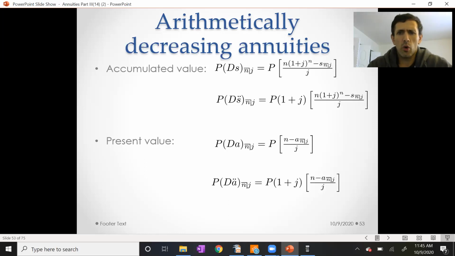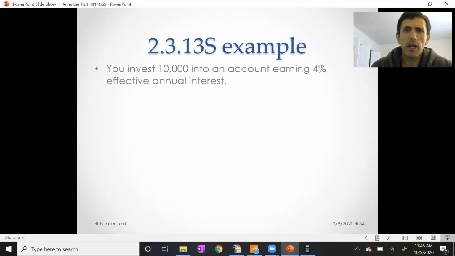Okay, so let's do an example to illustrate where these formulas pop up and why this is an important thing to study. This is very similar to a former actuary exam problem, and similar to 2.3.13 in the book Broverman, Mathematics of Investment and Credit. And this is going to be similar to a homework problem I will assign.